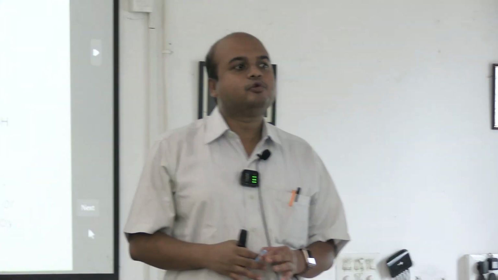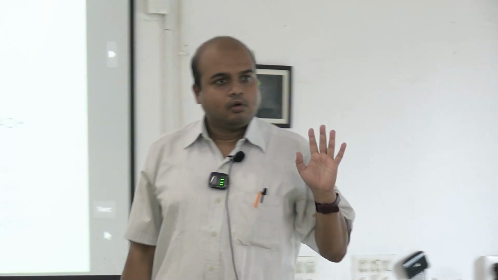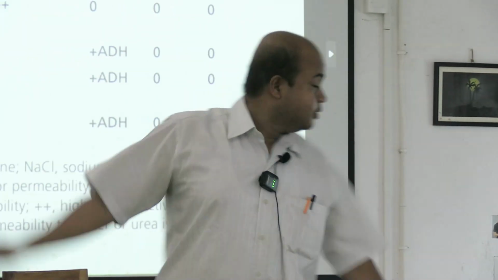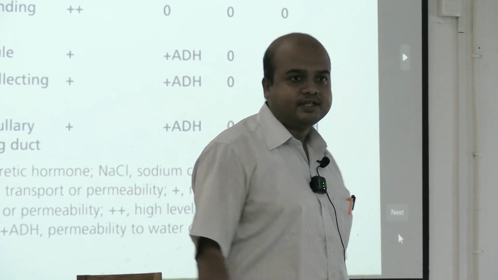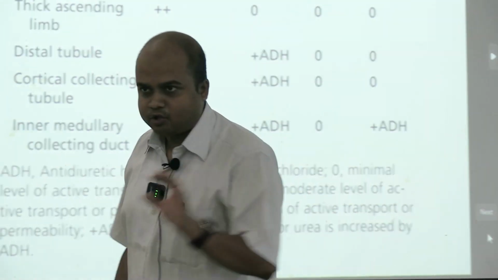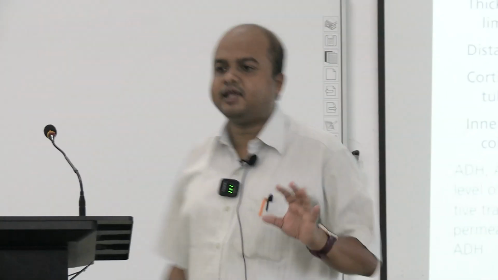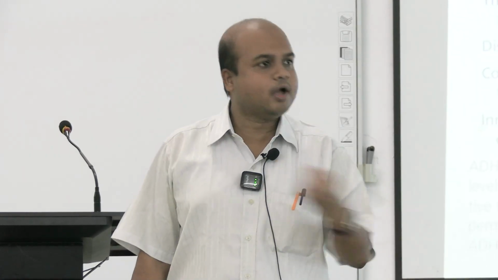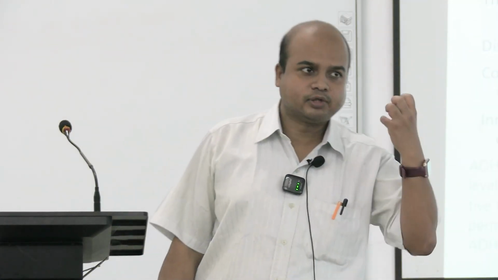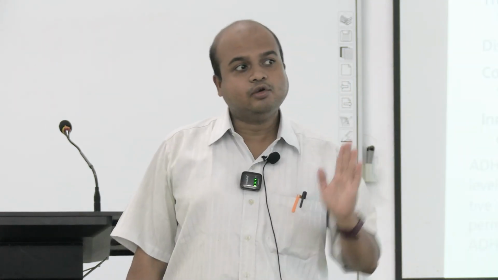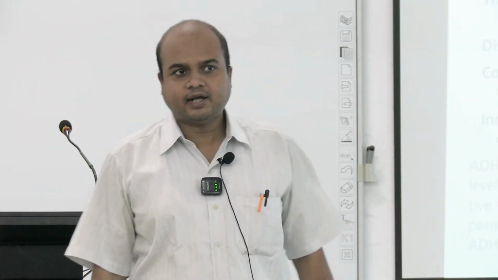But the diluting portion of the tubule must be the ascending limb. Water permeability there is zero, but actually we take the thick ascending limb: there is no water absorption and there is active NaCl absorption. So that is the diluting, meaning the fluid inside the tubule is being diluted.